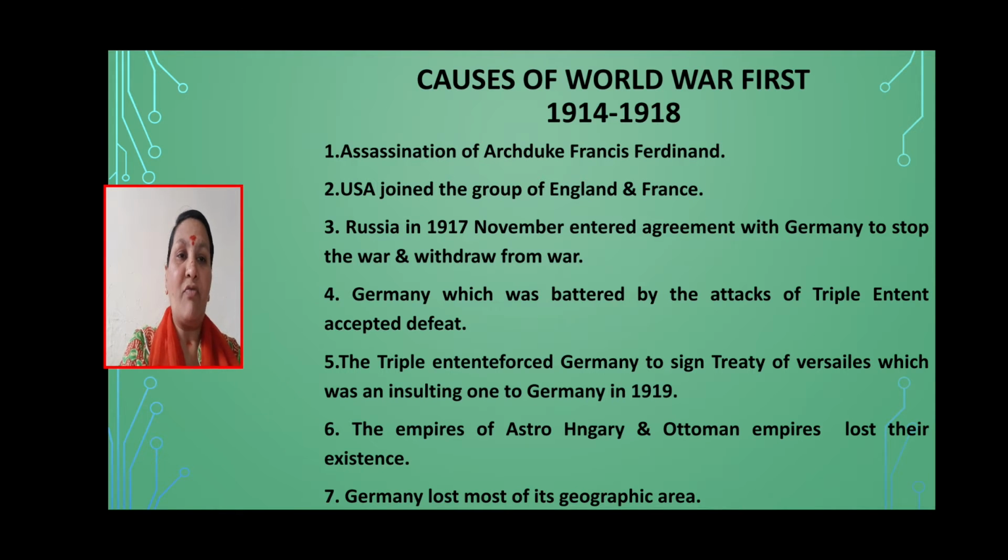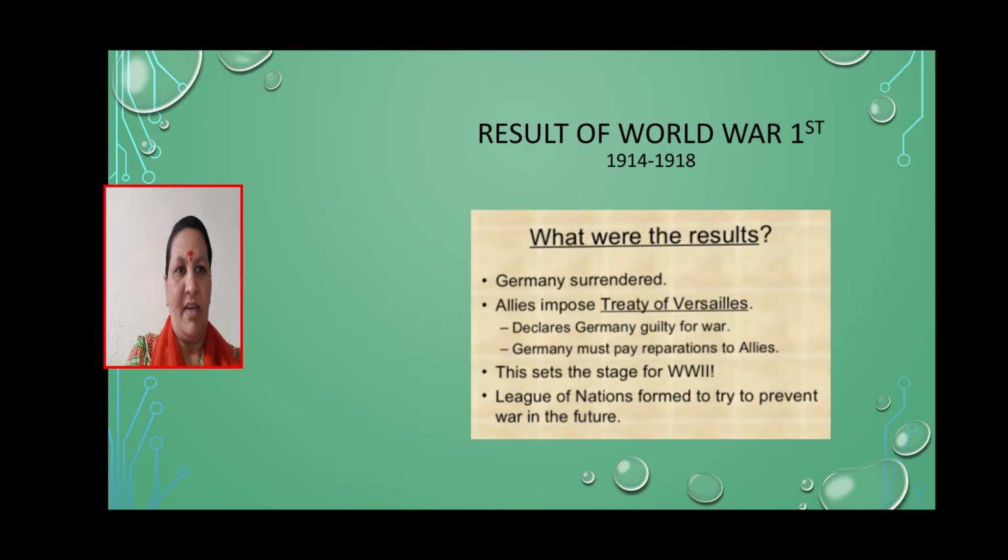The empires of Austro-Hungary and the Ottoman Empire lost their existence, and Germany lost most of its geographical area. So the result of the First World War: after 1918, Germany surrendered.